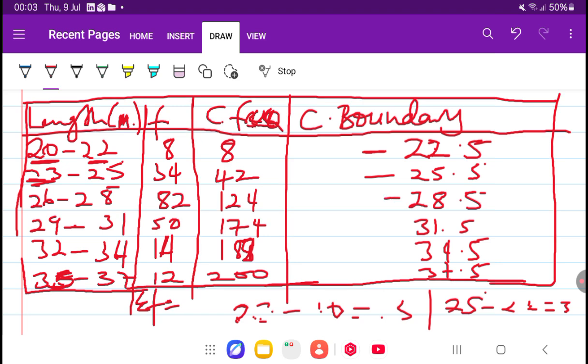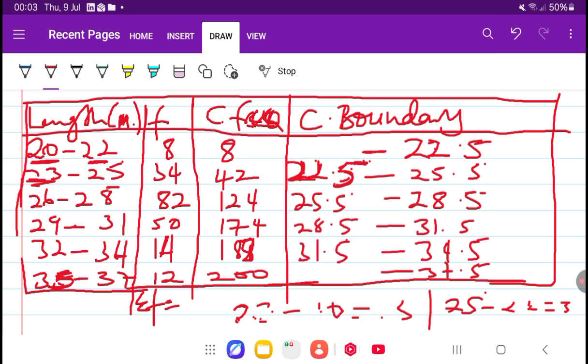And I told you, if you want to get these ones, you just take this one to this side. So this will be 22.5, this is 25.5, this is 28.5, this is 31.5, this is 34.5.